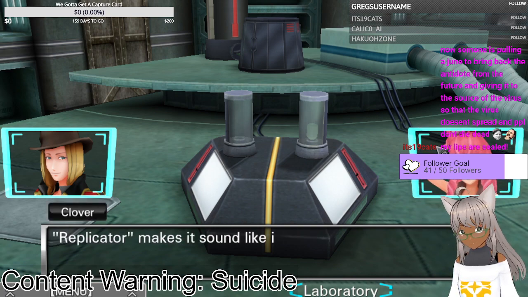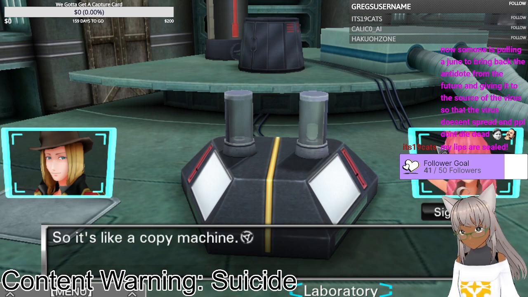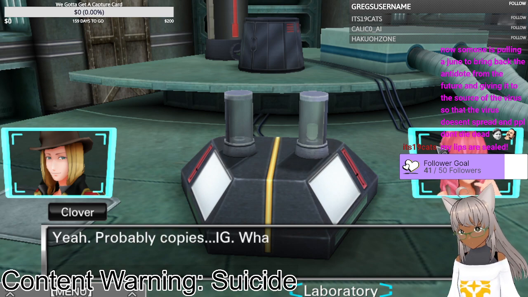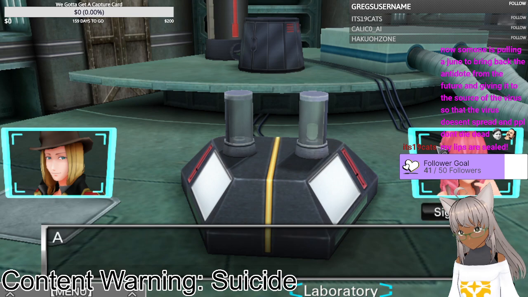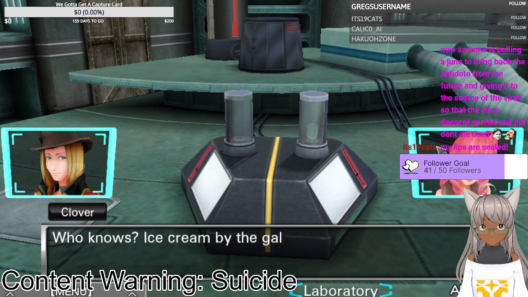Replicator makes it sound like it makes copies of stuff. Yeah, probably copies IG, whatever that is. Who knows? Ice cream by the gallon?